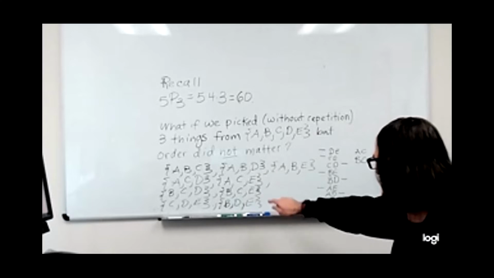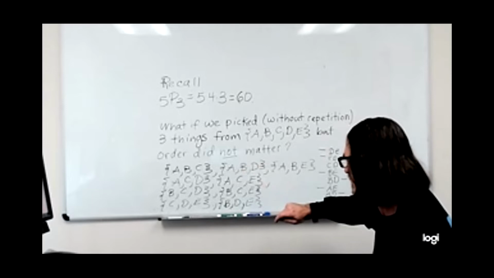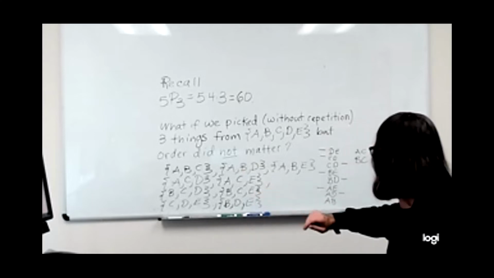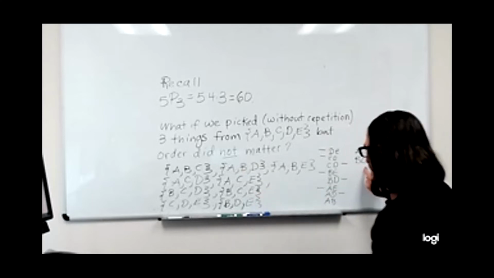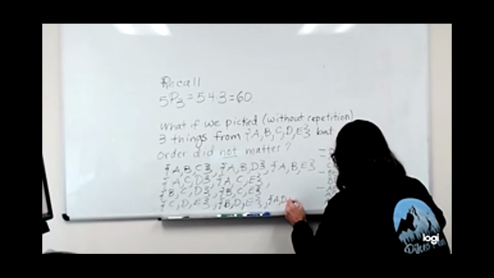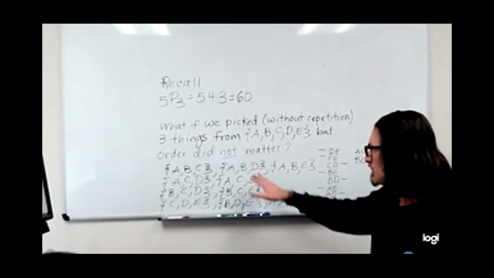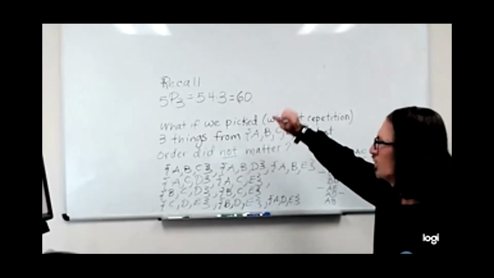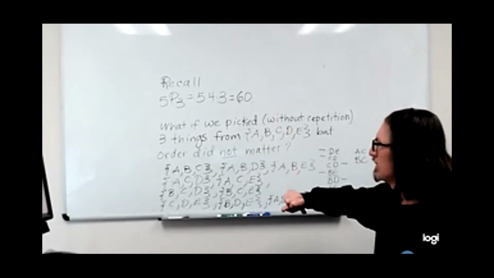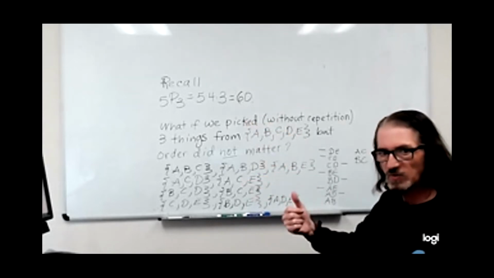B, D, this has B, D, but A, not E. Remember, order does not matter. Okay, and then leave out BC. That should be my 10 ways that I could pick from 5 available, pick 3, no repetition, but order does not matter.